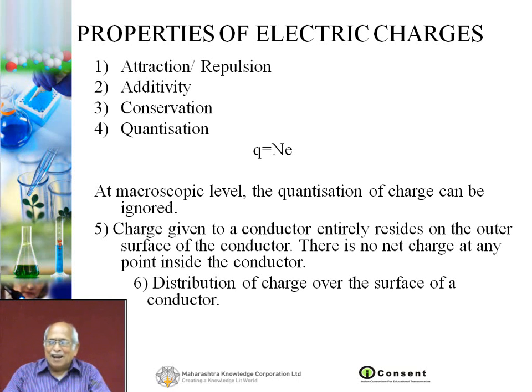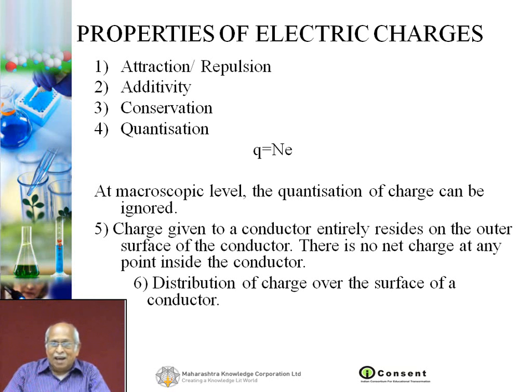If we are considering charge on atom, charge on ion, charge of molecule, that is microscopic level. But at macroscopic level, where charges involved are much greater than charge of electron, this quantization has no significance, so we can ignore. But it is true that charge is quantized. That means any charge is integral multiple of electronic charge. But then at macroscopic level, when we are considering charge much greater than electronic charge, this quantization may be ignored.